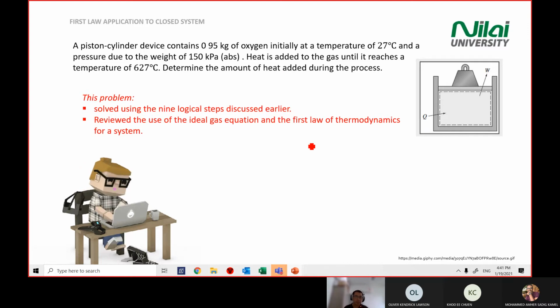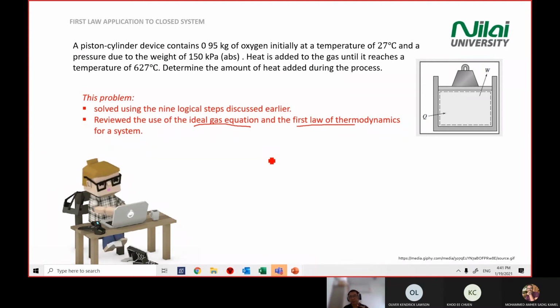These problems demonstrate how we apply the 9 steps that we recommended just now. Then we're going to use the ideal gas equation, and also the first law of thermodynamics for this system.